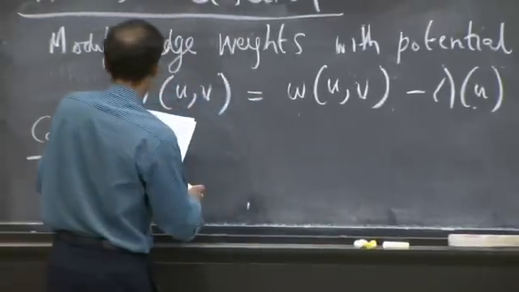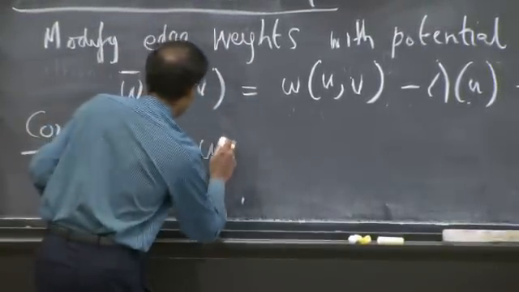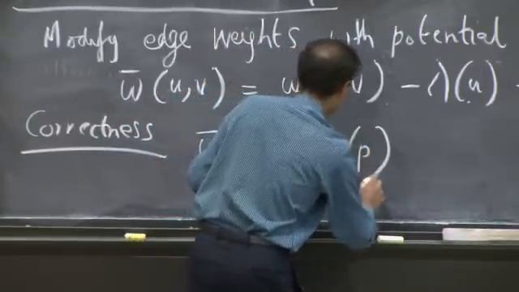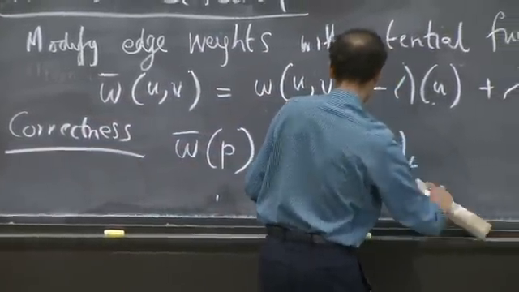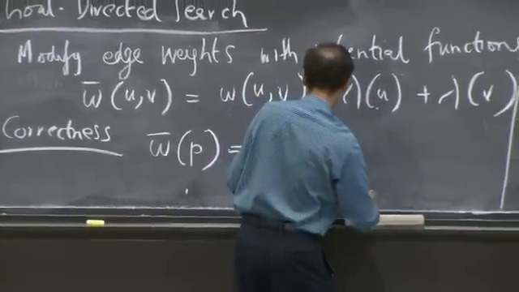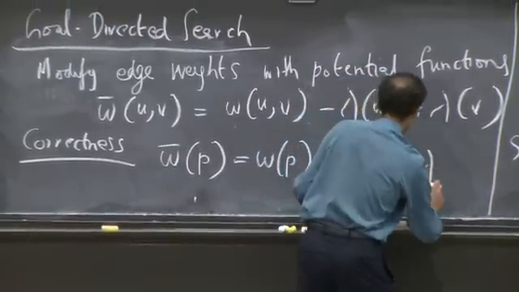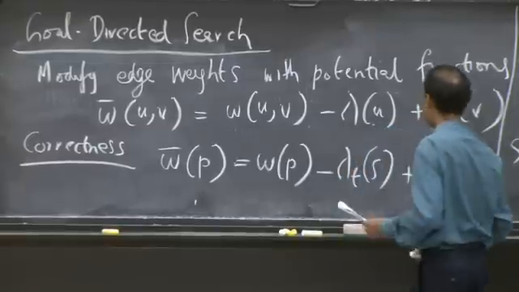Right? So the way we are going to do this is by saying that any path WP is going to get modified based on its destination and source.